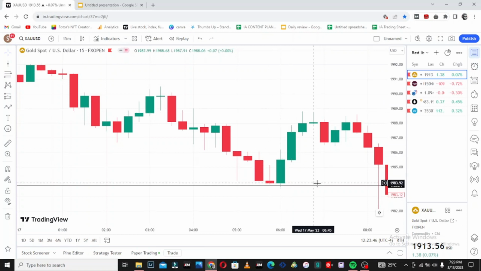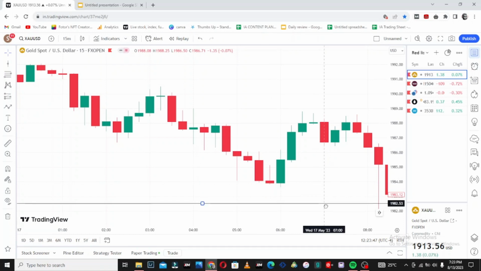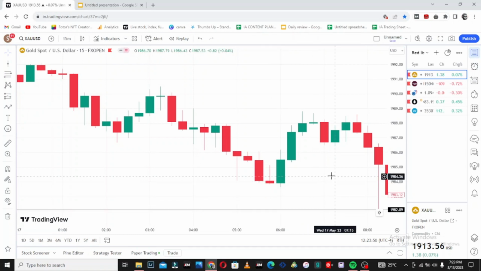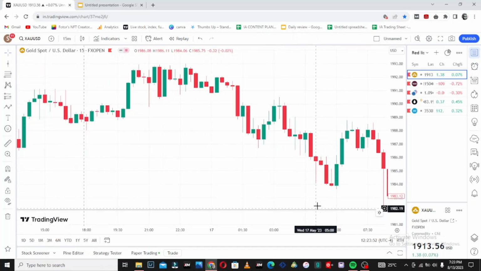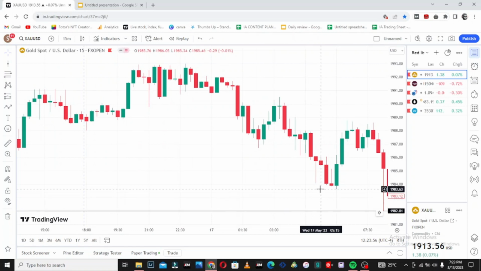So what do we do in this scenario? We extend our low of the week. So we have our new low of the week where we expect price to come back to later. If it does not, well and good. We are not desperate to take trades. We will wait. Our work is to stalk. We are patient like a lion hunting for its prey. Yes, we are hunting for the best probable setup.